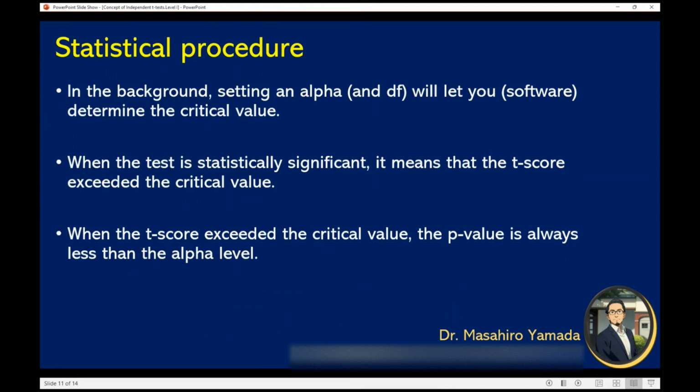When the t-score exceeds the critical value, the p-value is always less than the alpha level. So the relationship between t-score and the critical value is the same as the relationship between p-value and the alpha level. The t-score and the critical value are just standardized values. And if you translate those values into probability, that would be the p-value and alpha level.